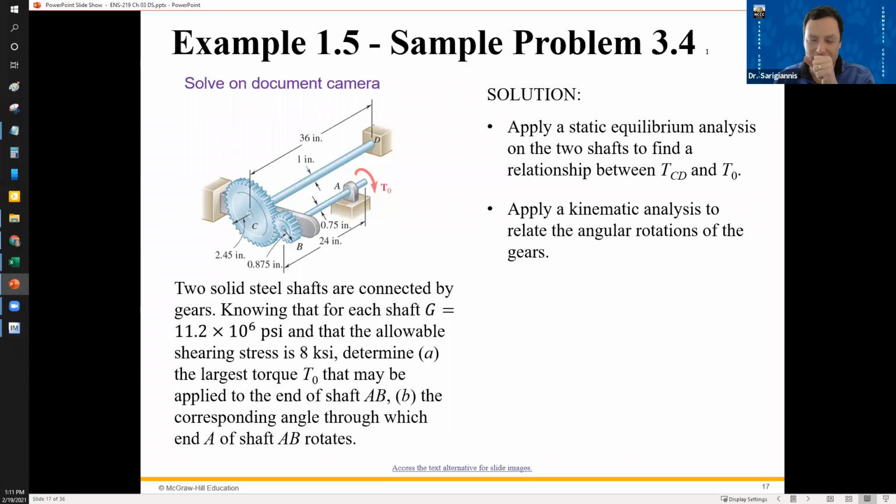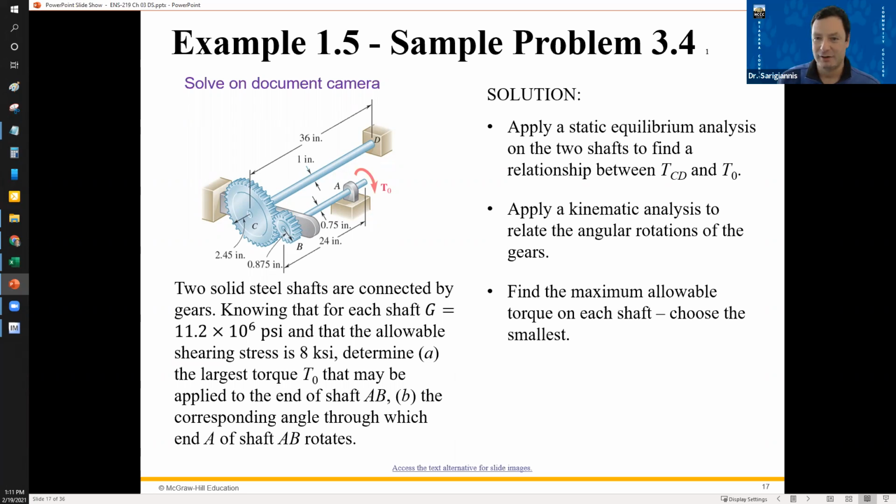We'll do the kinematic analysis on the gears, relating the angular rotations, again something we'll do more of in dynamics. Then we're going to find the allowable torque on each shaft and choose the smallest torque.